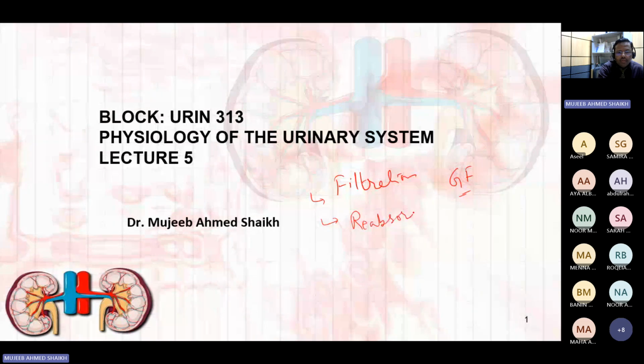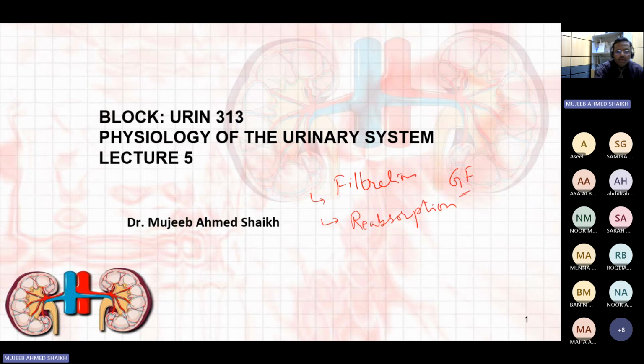What is meant by reabsorption? Reabsorption is when the plasma is filtered through the Bowman's capsule and reaches the tubule. Let me draw it here.